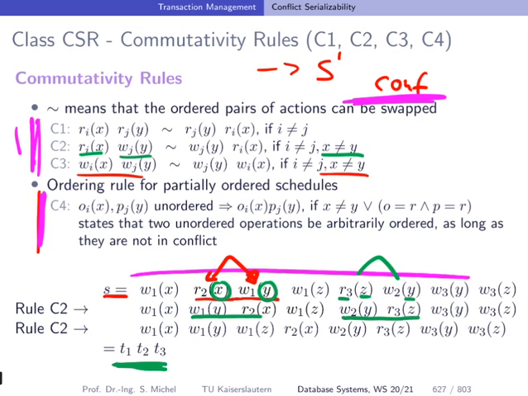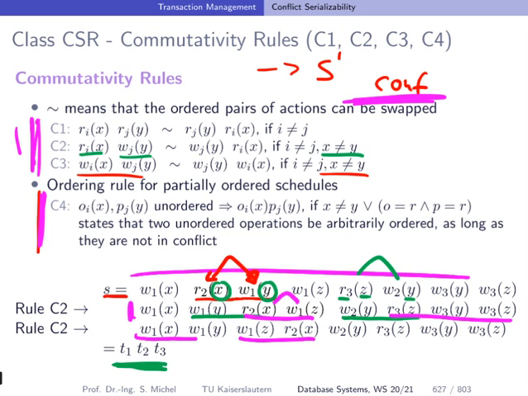The sequence changed. And we are not done yet because the schedule here is not serial yet, because we still have some mixtures between transaction 2 and 1, namely here. But we can also swap these two because it's on different data objects. And the remaining schedule is anyway fine, because here we have in the end transaction 3. This is the only thing we have to fix here, and we did it.